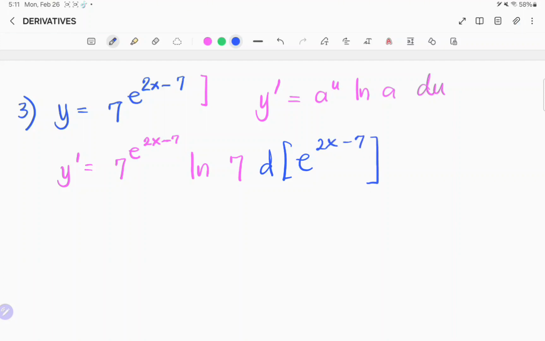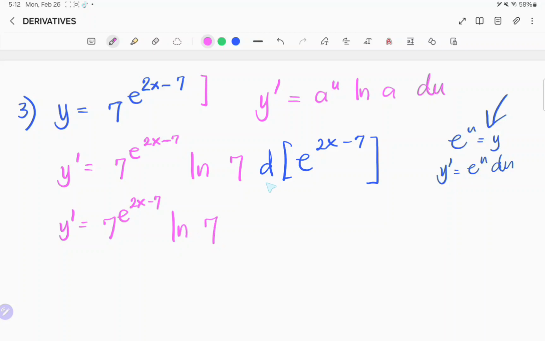Take note that what is inside the bracket is in the form of e raised to u, and the derivative of e raised to u is e raised to u du. So we have to derive this exponential form inside the bracket in this formula. So let's derive. We have to copy y prime is equal to 7 raised to e raised to 2x minus 7 ln 7, and derive this blue bracket in the form of e raised to u.